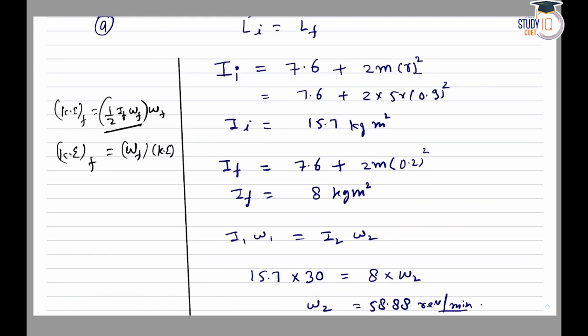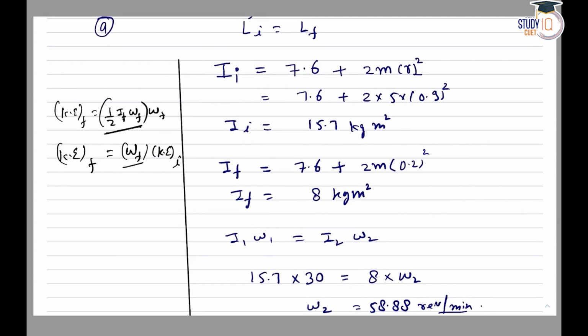The kinetic energy is increased by this factor, and the increase is due to the work done by internal forces of the man, as there is no external force acting on the system.